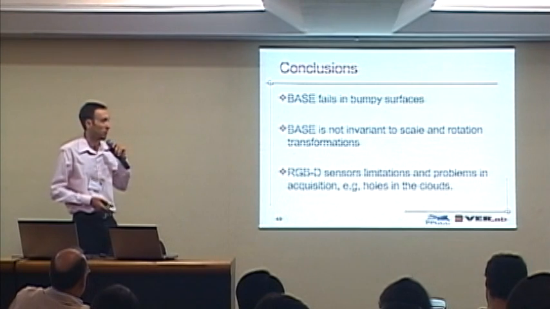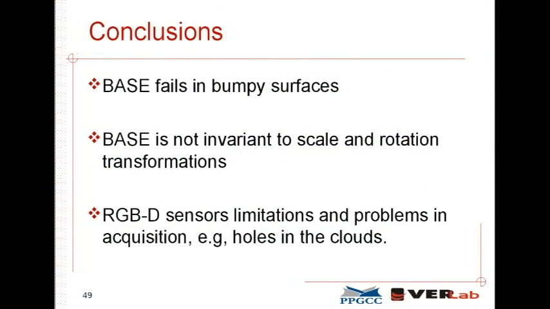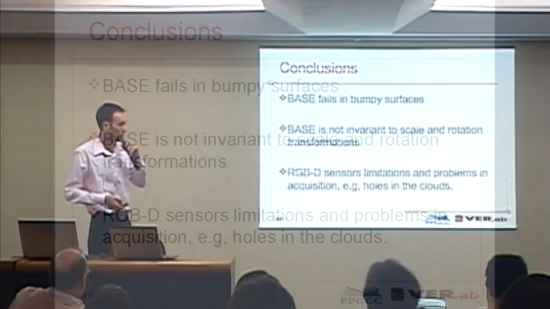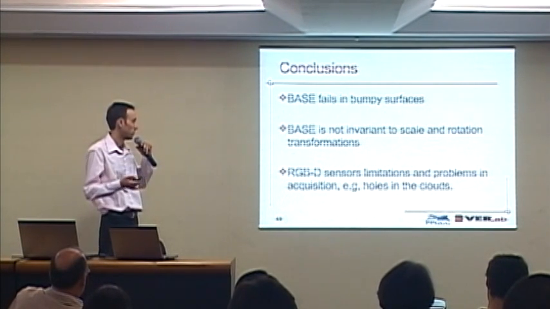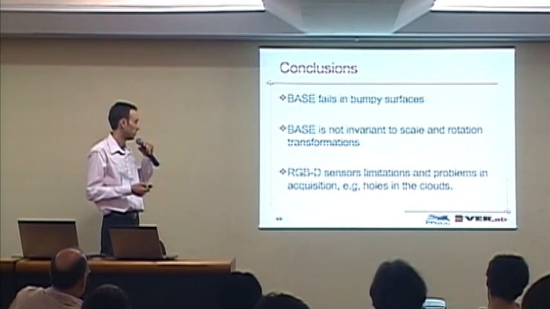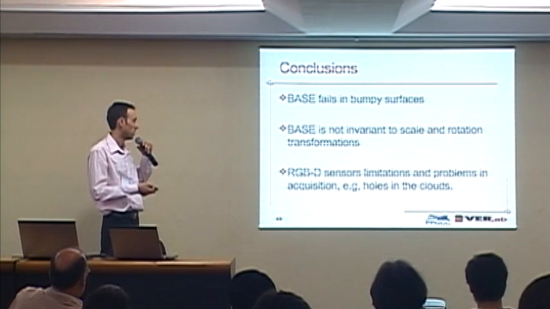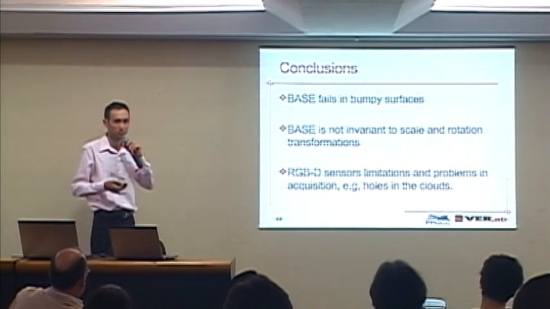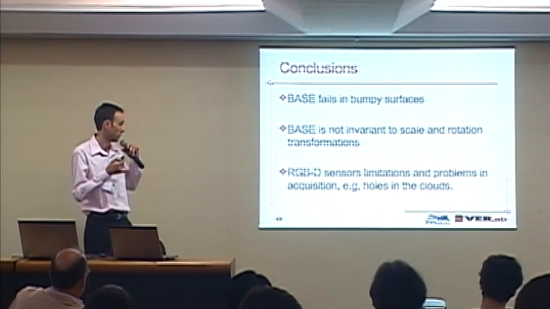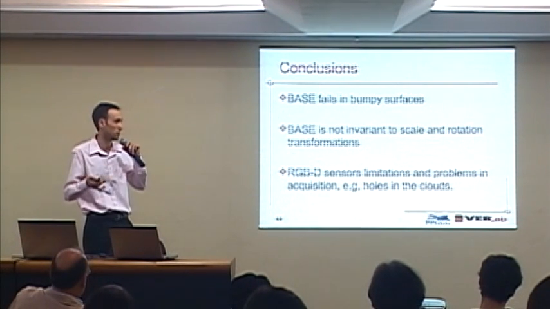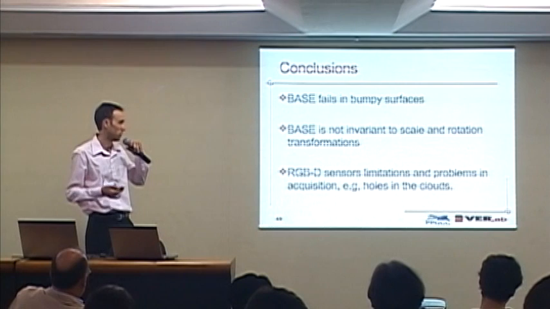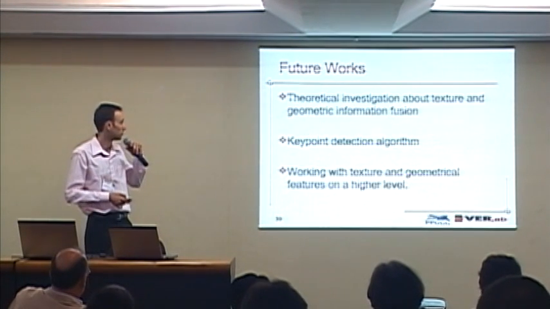However, BASE fails on bumpy surfaces, and BASE is not invariant to scale and rotation transformations. Also, we have some limitations due to the problems of the RGBD sensor. For example, holes in the cloth are a huge problem to compute or estimate the normals using the range images.